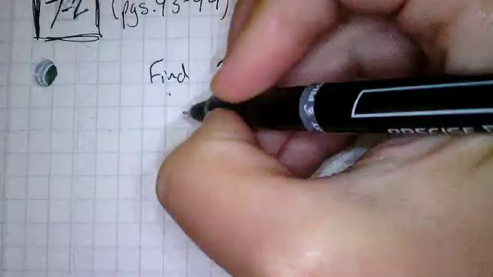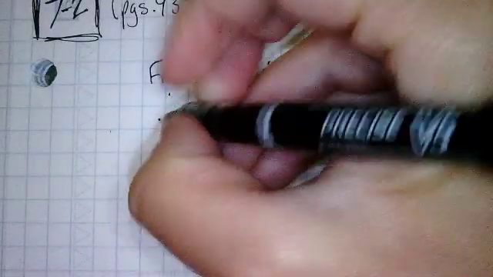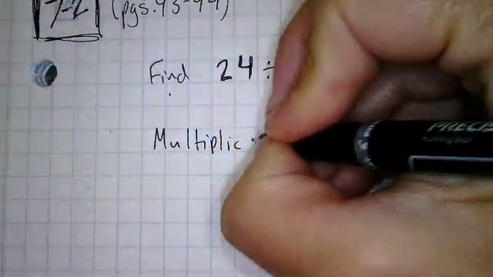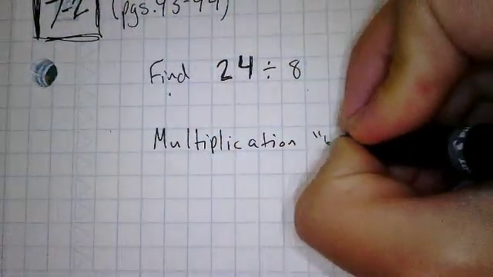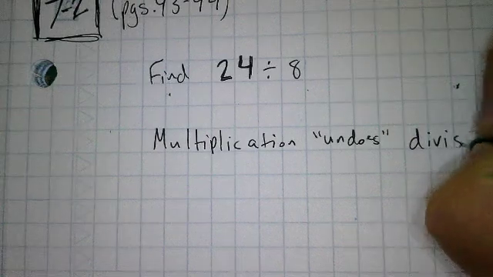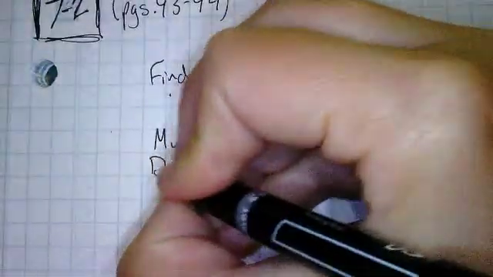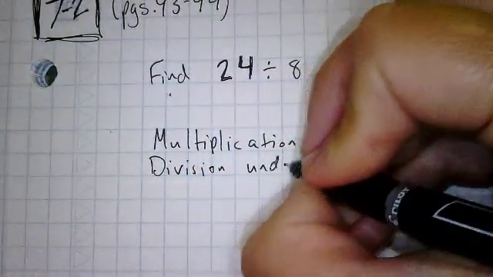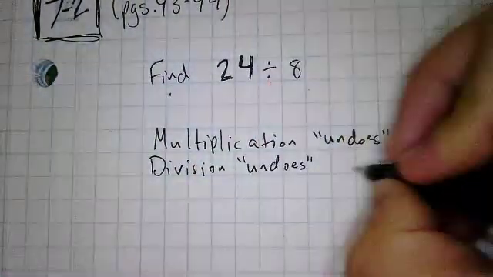So, a couple things to note. Multiplication undoes division, and division undoes, any guesses? Multiplication.